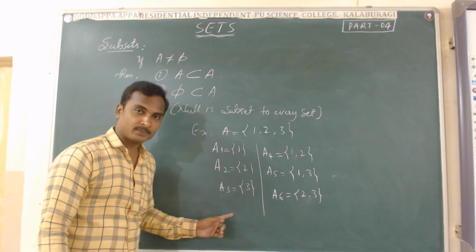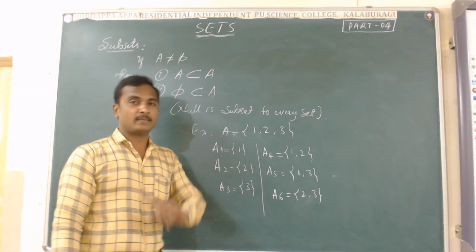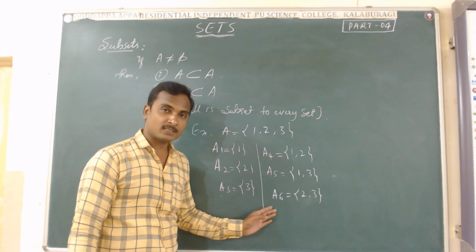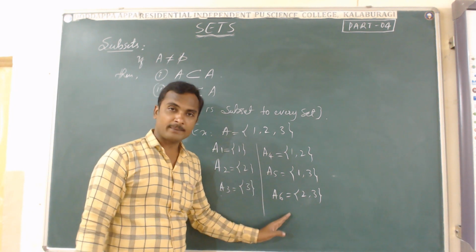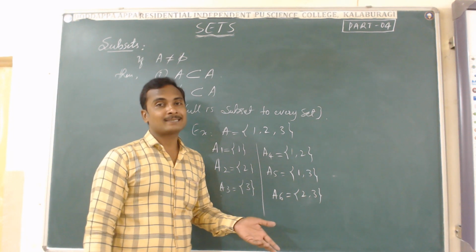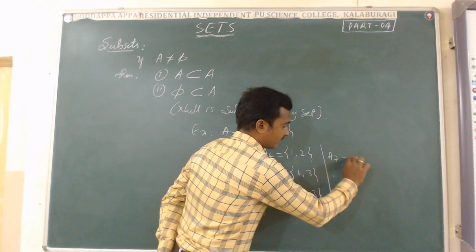The first 3 subsets of the set A, A1, A2, A3, contain only one element of the set A. The subsets A4, A5, A6 contain any 2 non-repeatedly chosen elements of the set A. What about the next? You must go for the selection of 3 elements. That is A7.